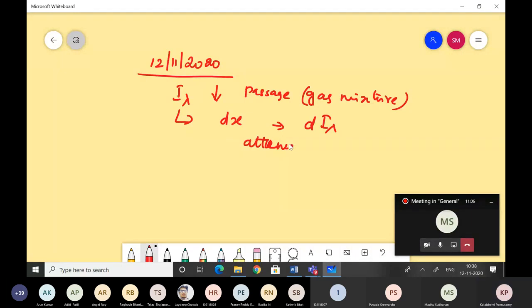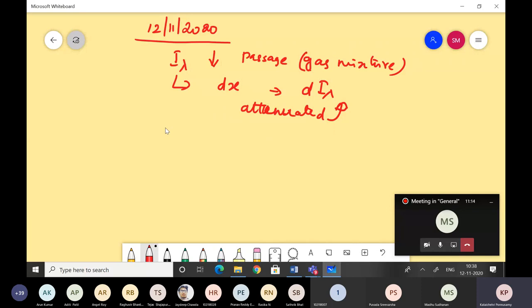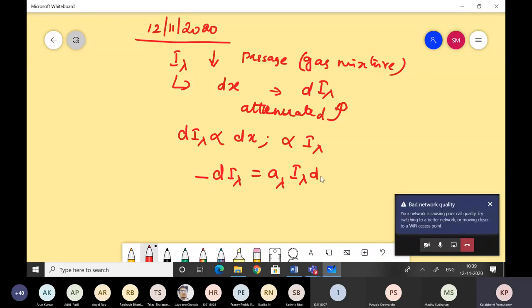So this amount which is attenuated is directly proportional to this distance and also the initial intensity of radiation. This can be written as the decrease in intensity of radiation is equal to the proportionality constant, replaced by the attenuation coefficient, multiplied by I lambda into dx.